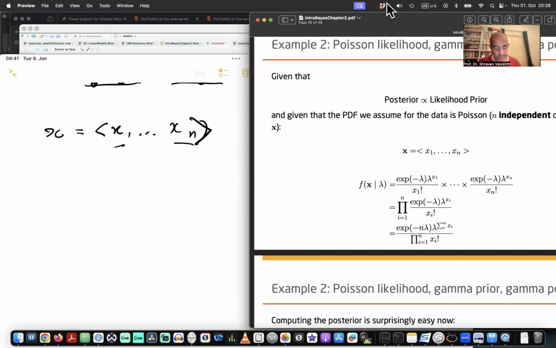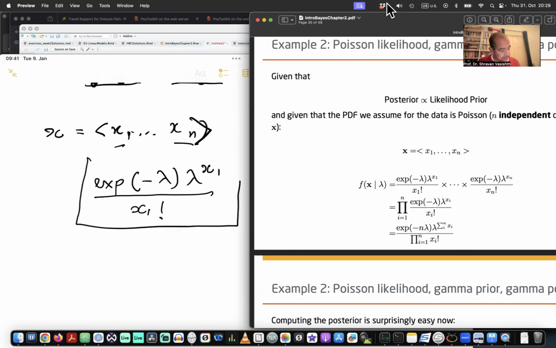The first data point, which I'm calling x sub 1, is coming from this Poisson distribution with lambda to the power of x1 divided by x1 factorial. That's the density of the first data point.